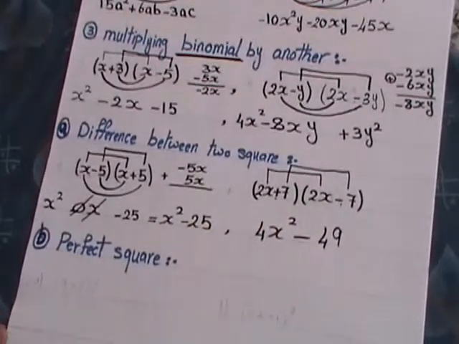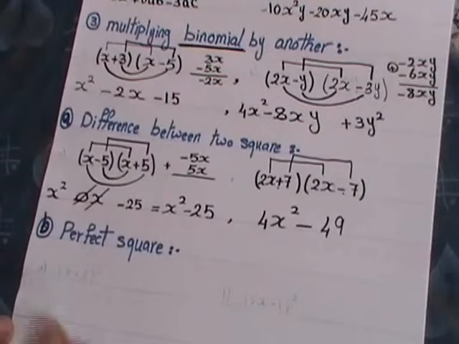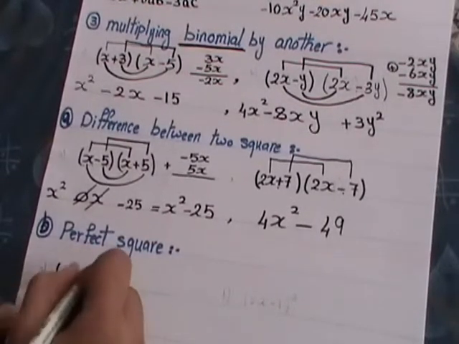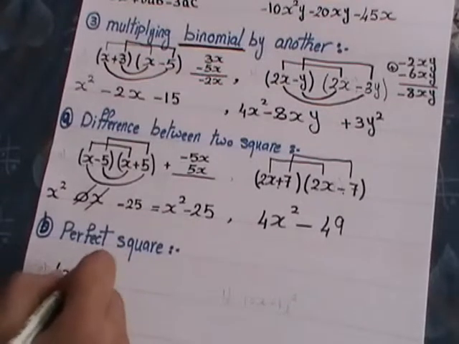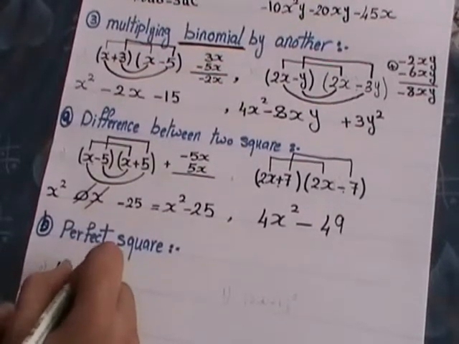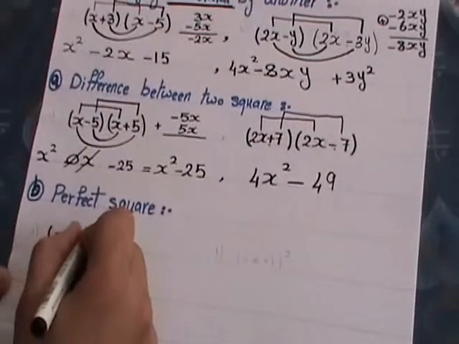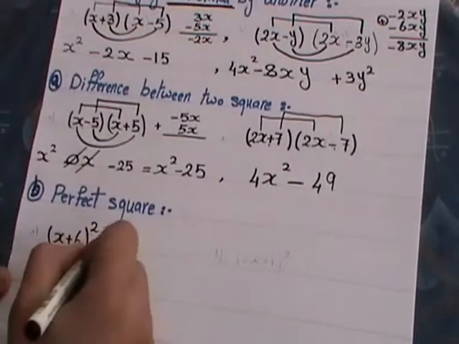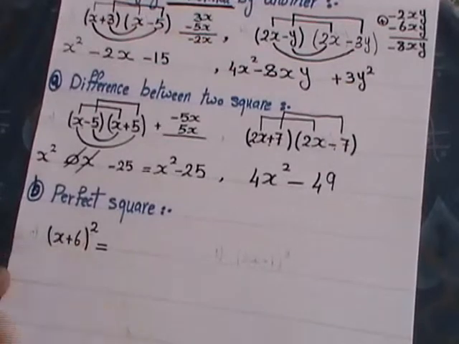Another special case for multiplying a binomial by another is the perfect square. What is meant by a perfect square? It means we have a bracket with two terms, and this bracket is repeated 2 times. So we can write this bracket to the power 2. How can we find the result of the two brackets? First, we have a rule.